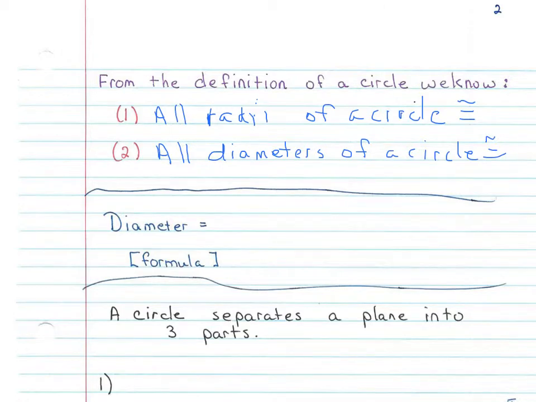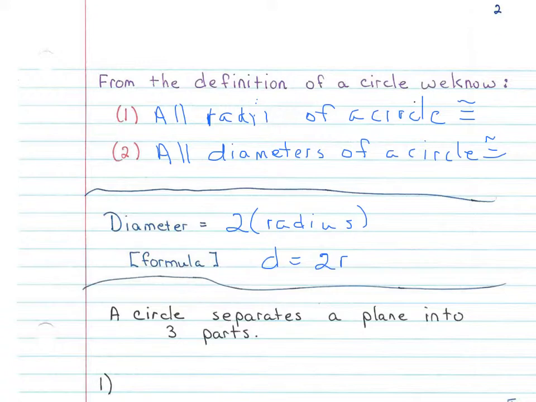Now there's a formula for the diameter, which you probably already know: it is twice the radius. Very often you see the diameter written as 2r. If you know the radius, you can easily find the diameter.